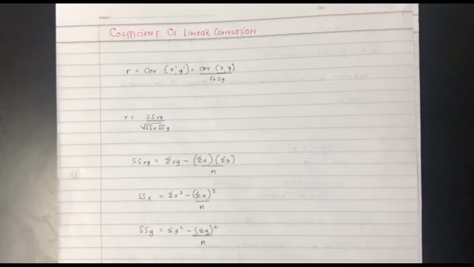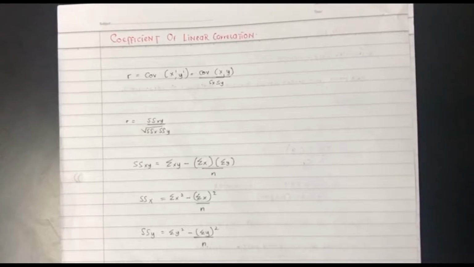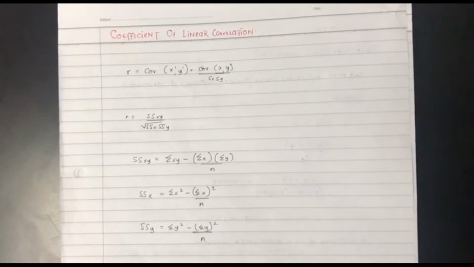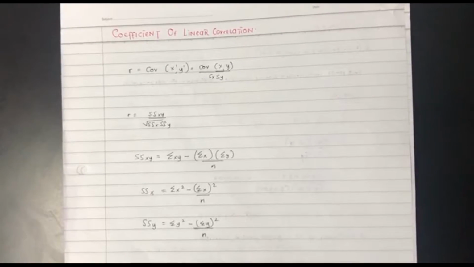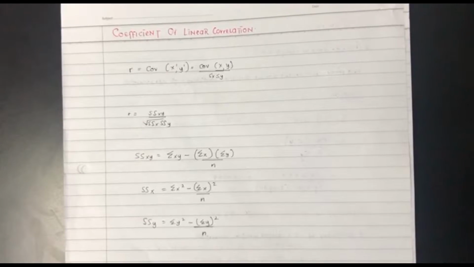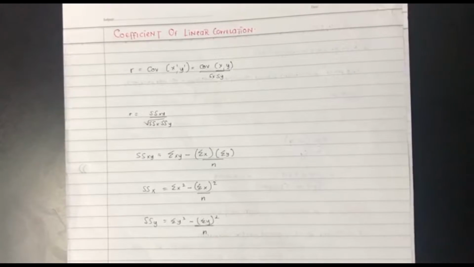Okay, next, you must know about coefficient of linear correlation. It is used to measure the strength of linear relationship between two variables, which are the independent and dependent variable. It is also called Pearson's product moment, or symbol r.